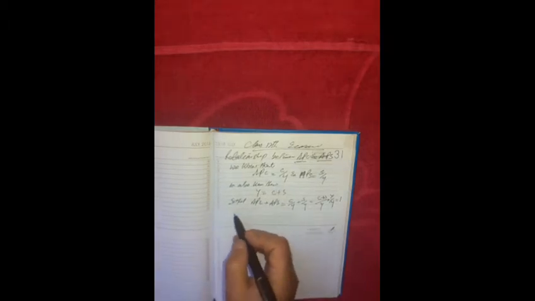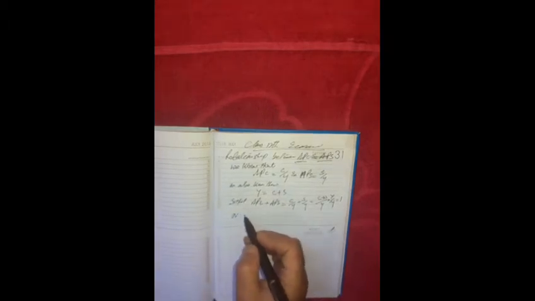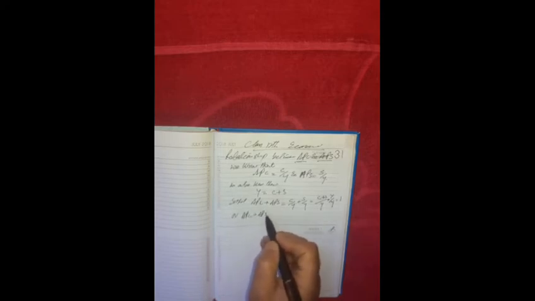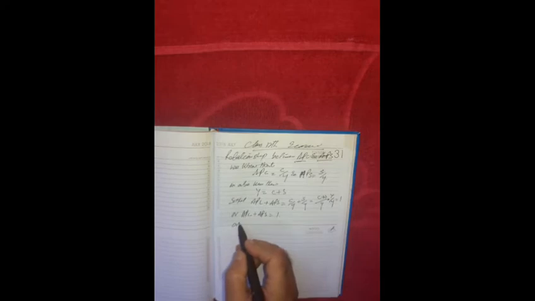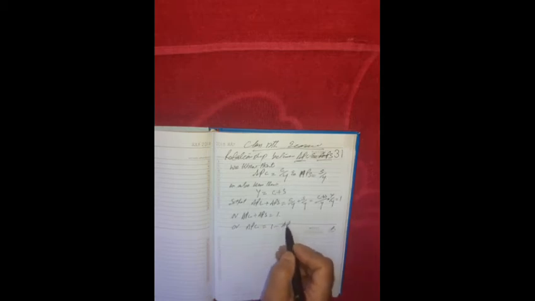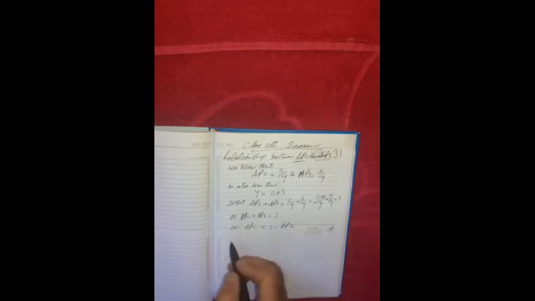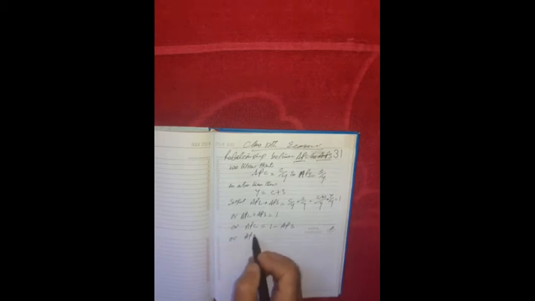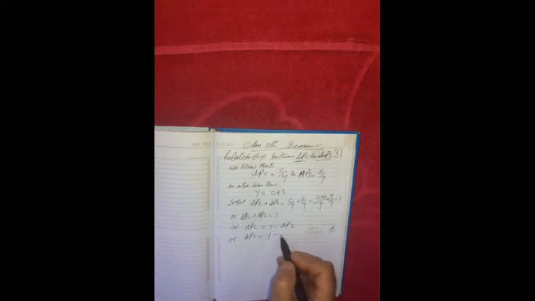Or we can say APC plus APS is equal to 1, or APC is equal to 1 minus APS, or APS is equal to 1 minus APC.